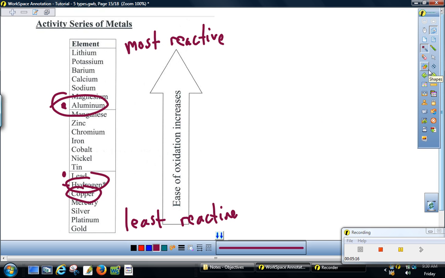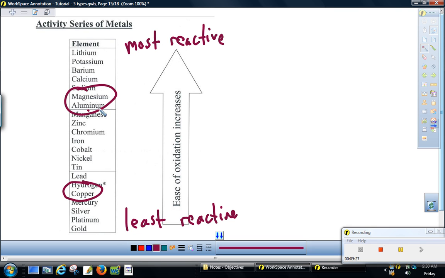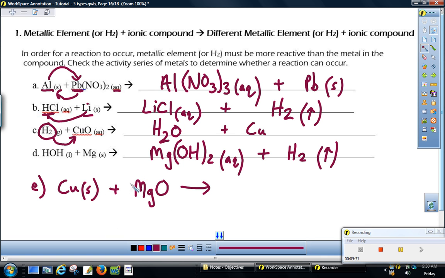So if I go back, I look at my activity series. Here's magnesium. Here's copper. Magnesium is more reactive than copper. And so if we look at this, copper cannot kick out the magnesium. So you would just write no reaction. Nothing would happen here. They would sit there and nothing would happen.